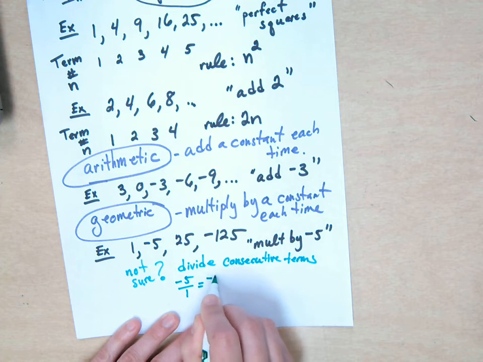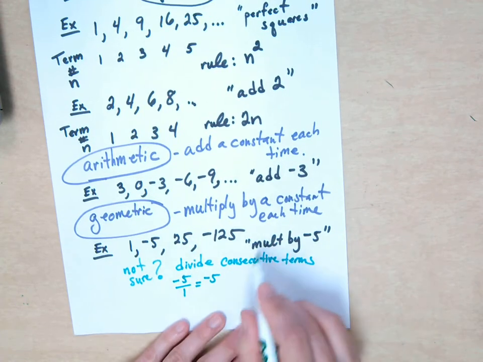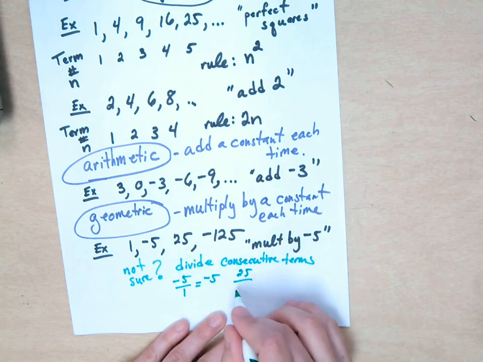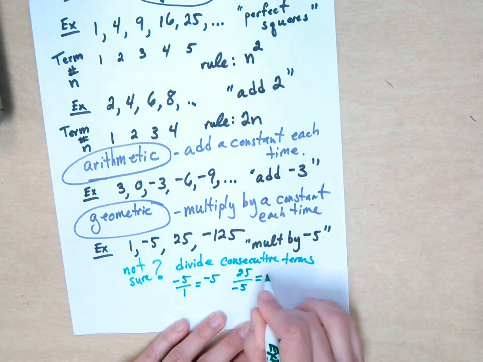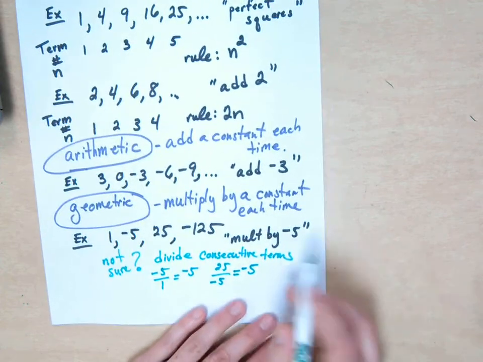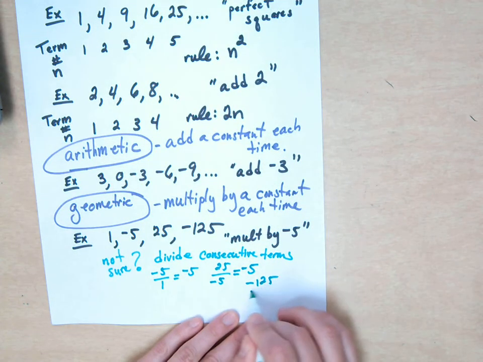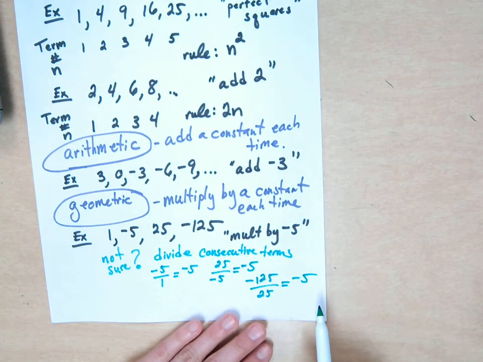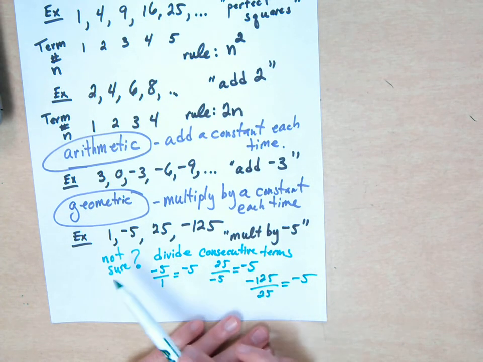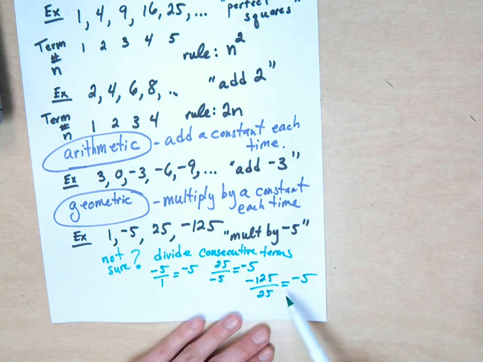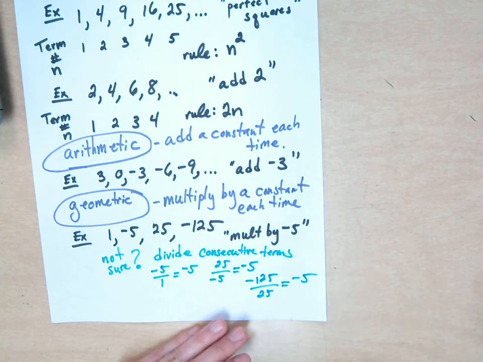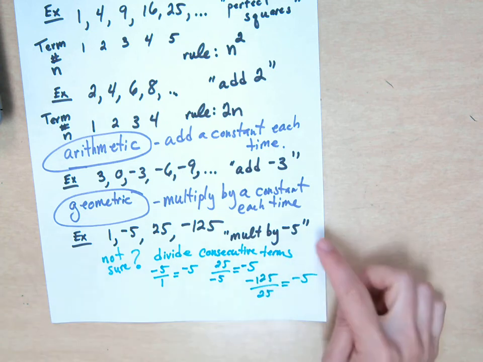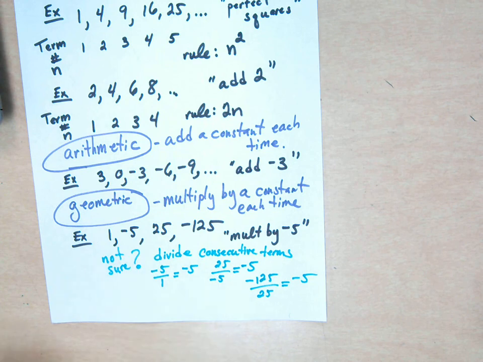What do I get? Oh, -5. I take the 25, I divide by the number in front, -5. Oh, look, I also get -5. Good. And then I take the -125, I divide by the number in front of it. I also get -5. That has to be consistent every time. If you divide any two consecutive terms, you should always get the number that you're multiplying by, and that's called the ratio r. So it's a geometric sequence.